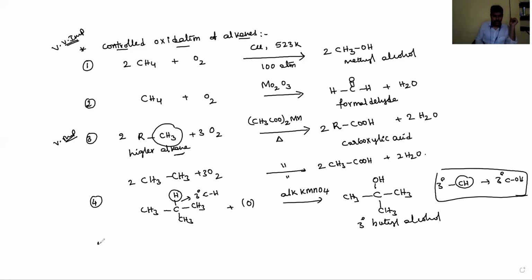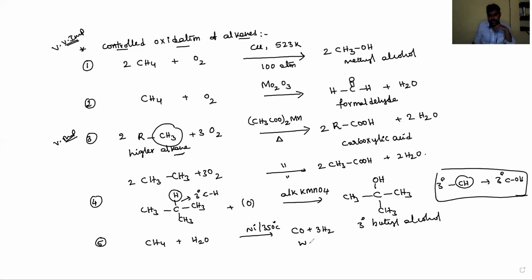Okay, dear students, one more controlled oxidation reaction is of methane. You have to take methane on controlled oxidation with water vapors. Okay, methane is passed through water vapors in the presence of nickel catalyst at 350 degrees centigrade and forms carbon monoxide and H2.